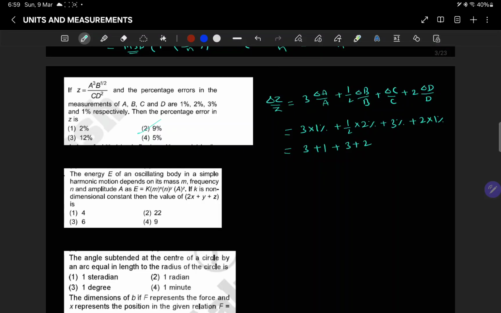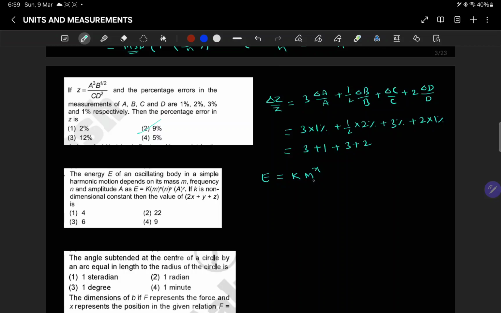Next, students: the energy E of an oscillating body in simple harmonic motion depends on mass m, frequency n and amplitude a. So energy E is directly proportional, E equals K. M is mass, students, M to the power of x.